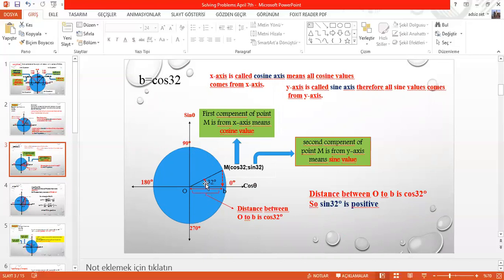The 32 degree angle is like that, and this point is on the unit circle and has components from x and y. The first component from x always gives the cosine values and the second component from y gives the sine values. So cosine 32 comes from x and sine 32 comes from the y-axis. So cosine 32 is positive and sine 32 is positive again.